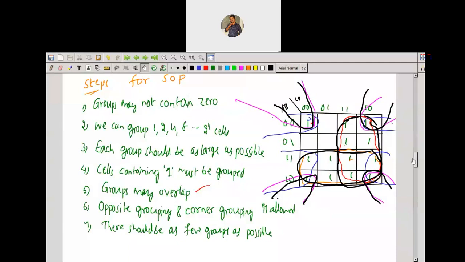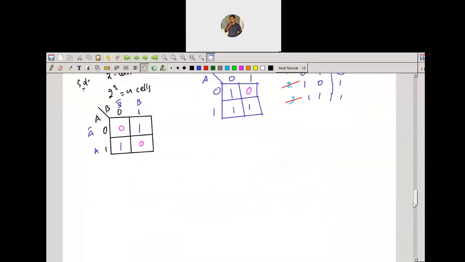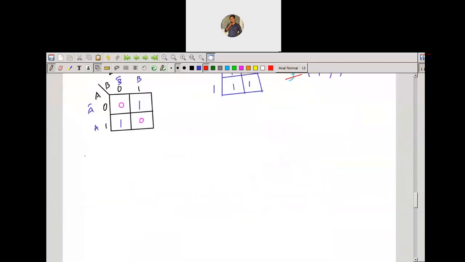Let me take one more example here. Same mapping only. The third expression, f equal to (a plus b) and (a bar plus b) and (a bar plus b bar).